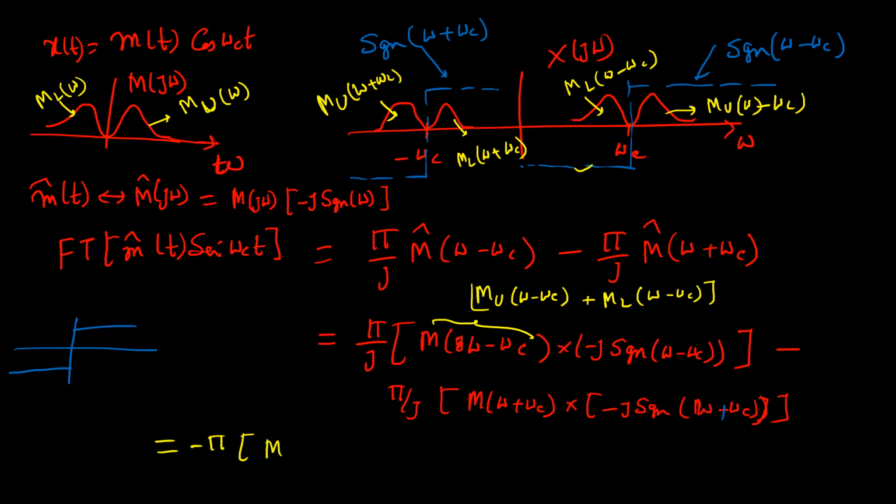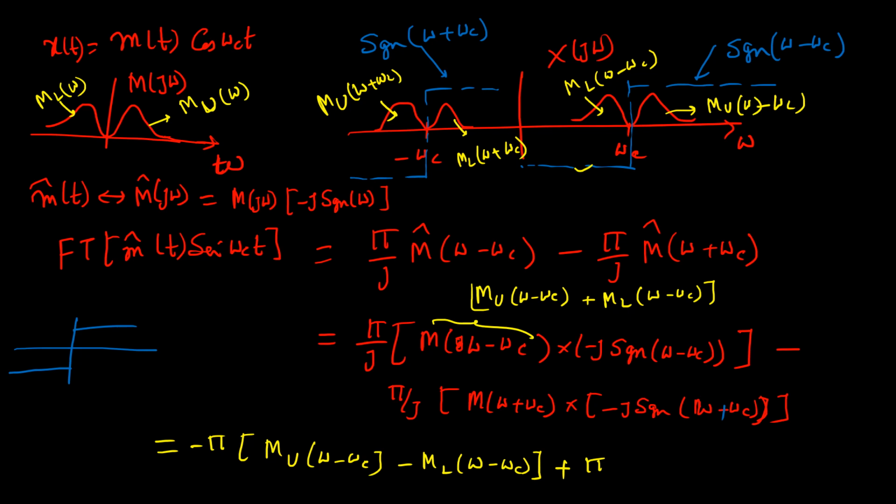You will get M_u of omega minus omega c, but this is minus M_l of omega minus omega c. Correct? And this is the minus sign. The minus sign, and what is this? So this is minus plus. Okay, j cancels out. This is plus, and this is pi.